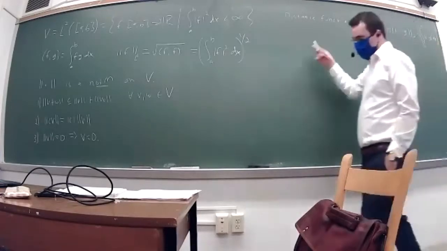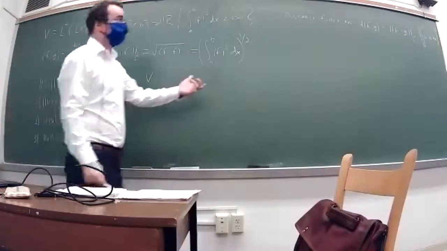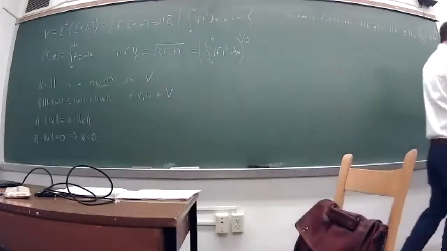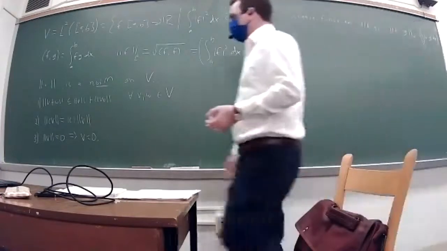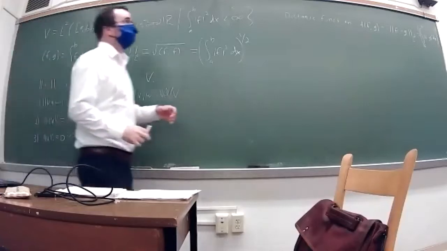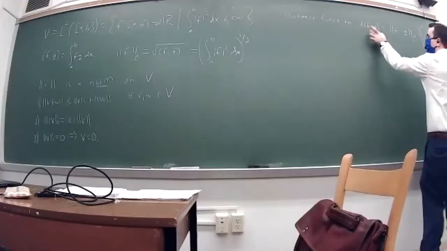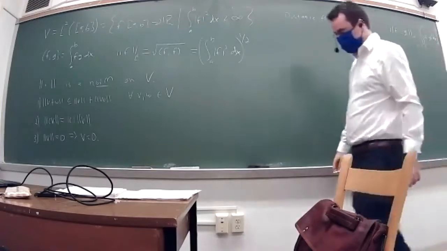I won't write down all the properties the distance function has to satisfy, but I'll say them. The distance from f to g is equal to 0 if and only if f equals g. The distance from f to g should be equal to the distance from g to f. You can see that. And it also has to satisfy a version of this sublinear property: the distance from f to h is less than or equal to the distance from f to g plus the distance from g to h.